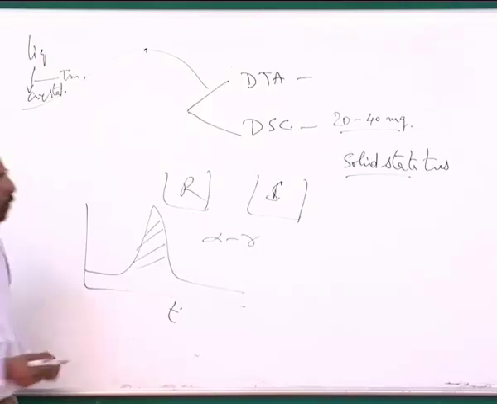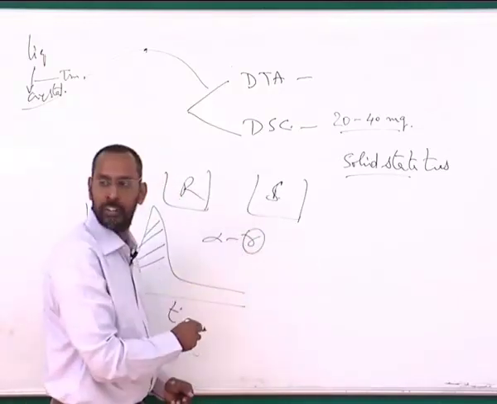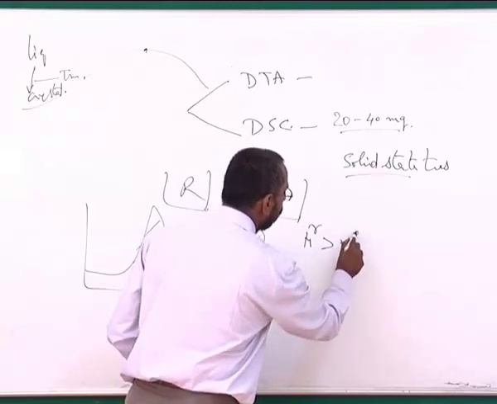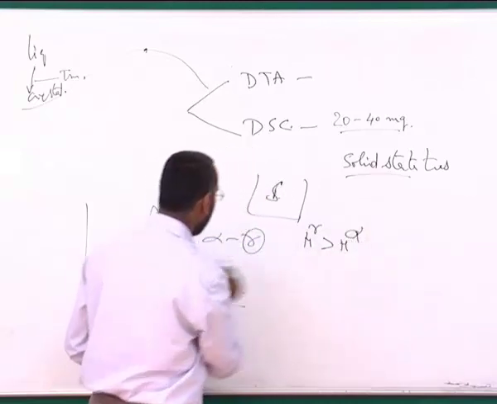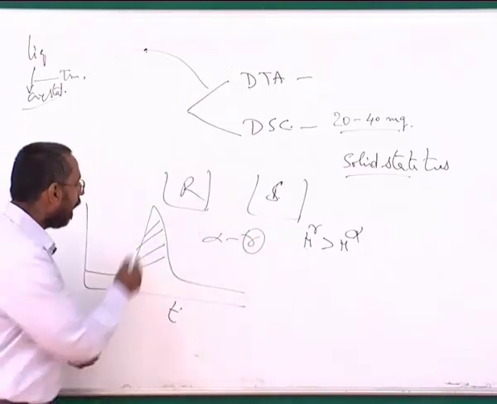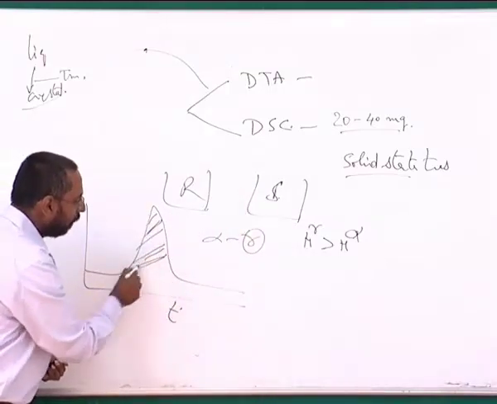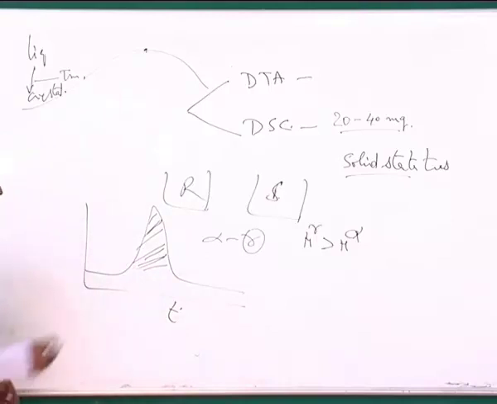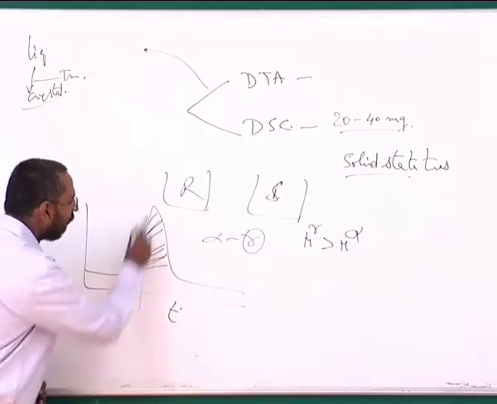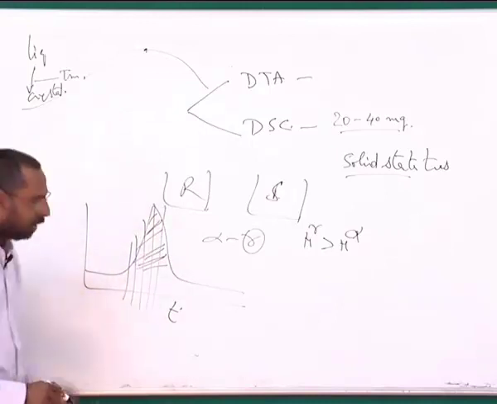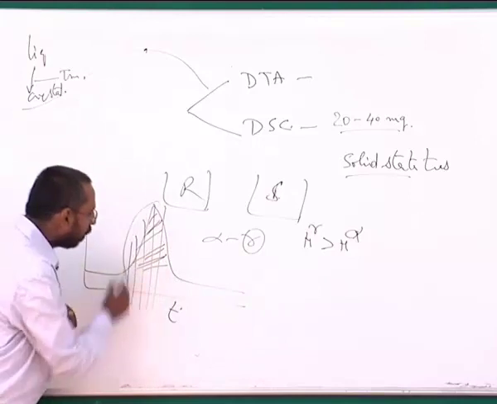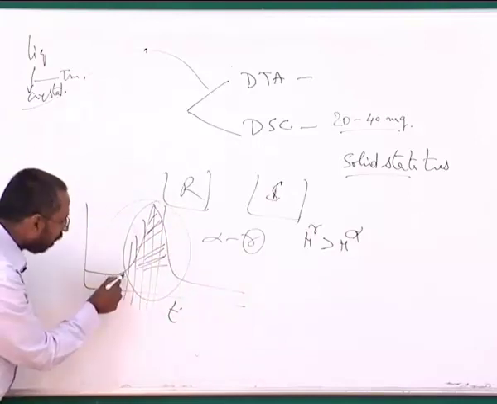Usually gamma, being a high temperature phase, has a higher enthalpy than alpha, so when alpha is becoming gamma, heat is absorbed. And from this I will be able to find out what is called the fraction transformed, because at each of these times some amount of alpha is transforming into gamma.